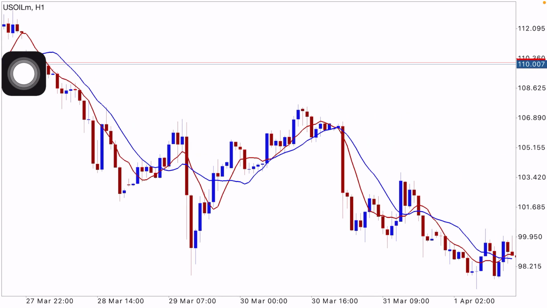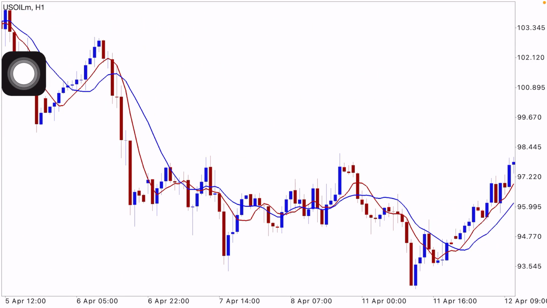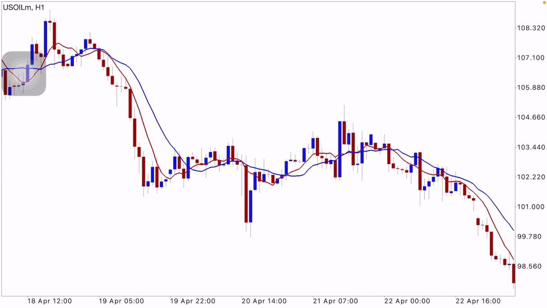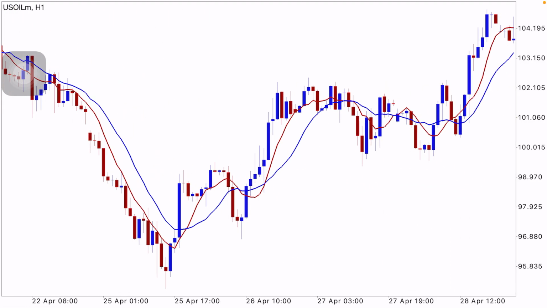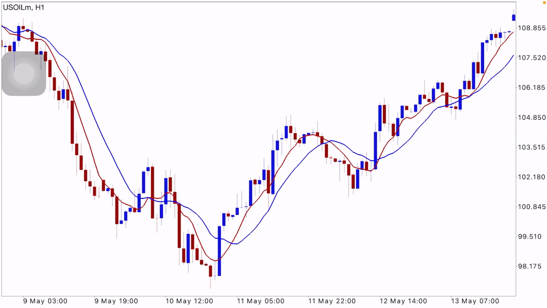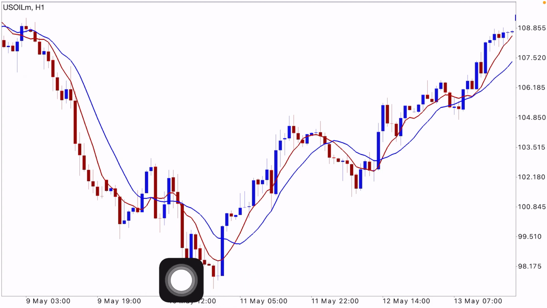You get it? So always after the cross, look at the direction of the red line, the direction of the fastest moving average, that's the 7 moving average. Okay. So looking at this point too, you can see that when price got here, the red moving average, that's the faster one, crosses the 14 at this point, and immediately after the cross, price rose up.